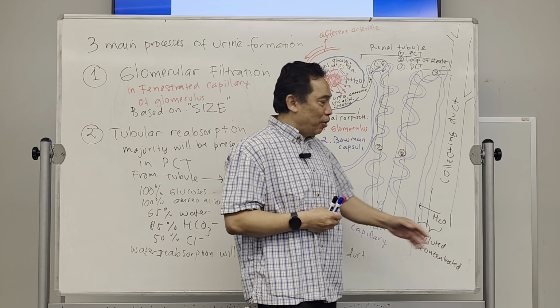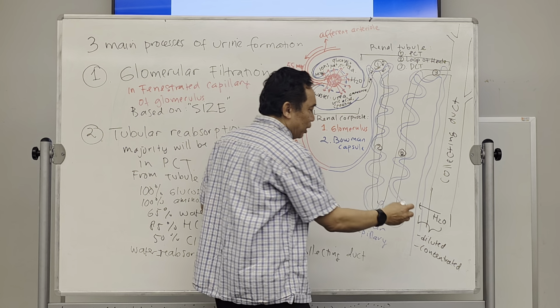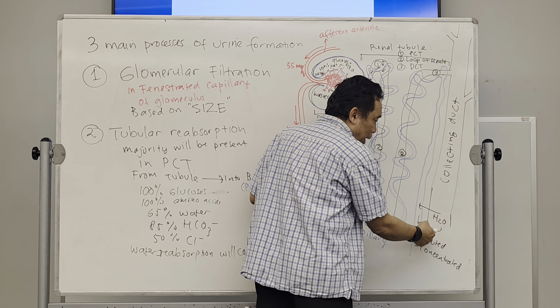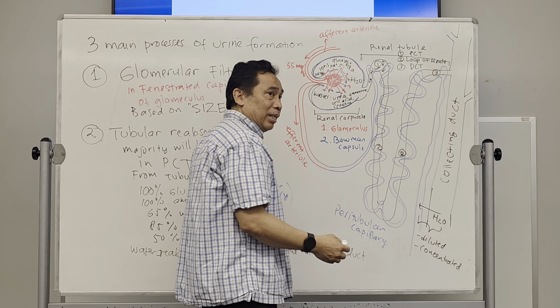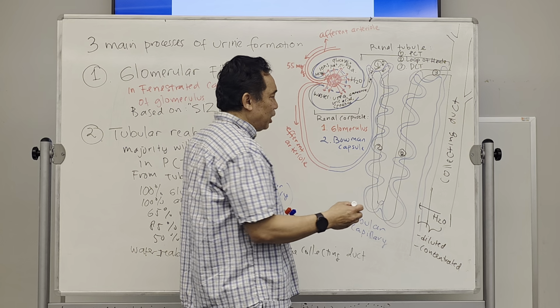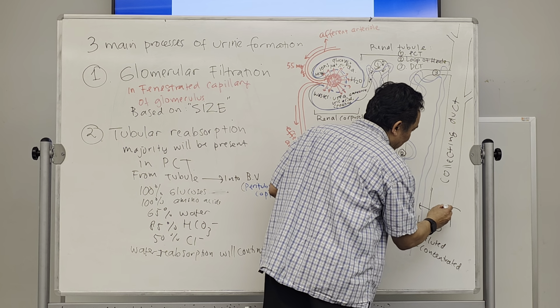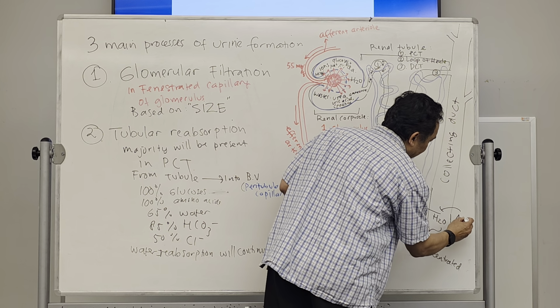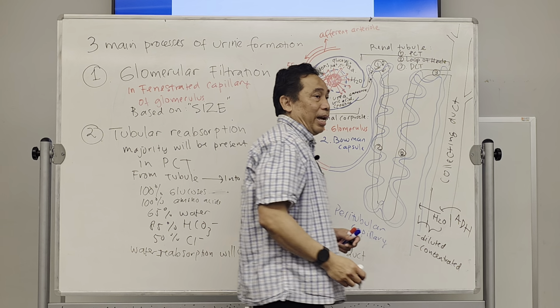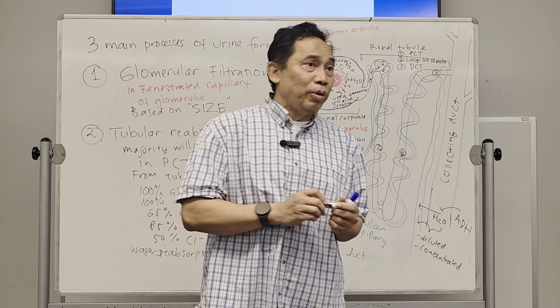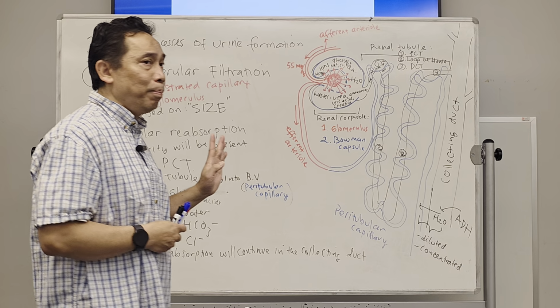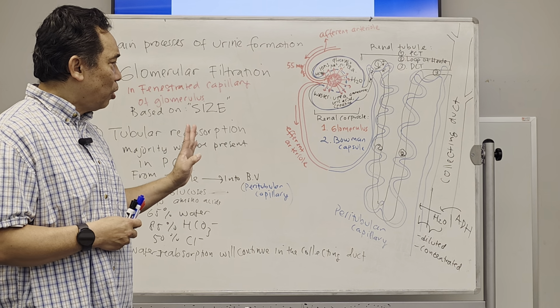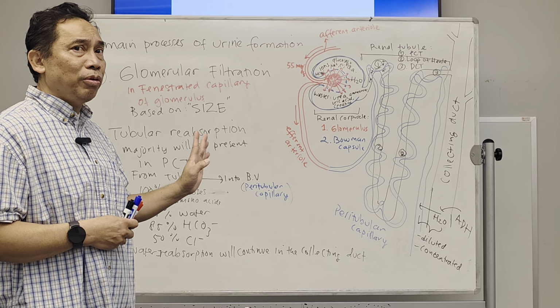Okay? Now, this last process, water reabsorption from the collecting duct, will be controlled by a special hormone called ADH, antidiuretic hormone, which is produced by the hypothalamus and stored in the posterior pituitary gland.